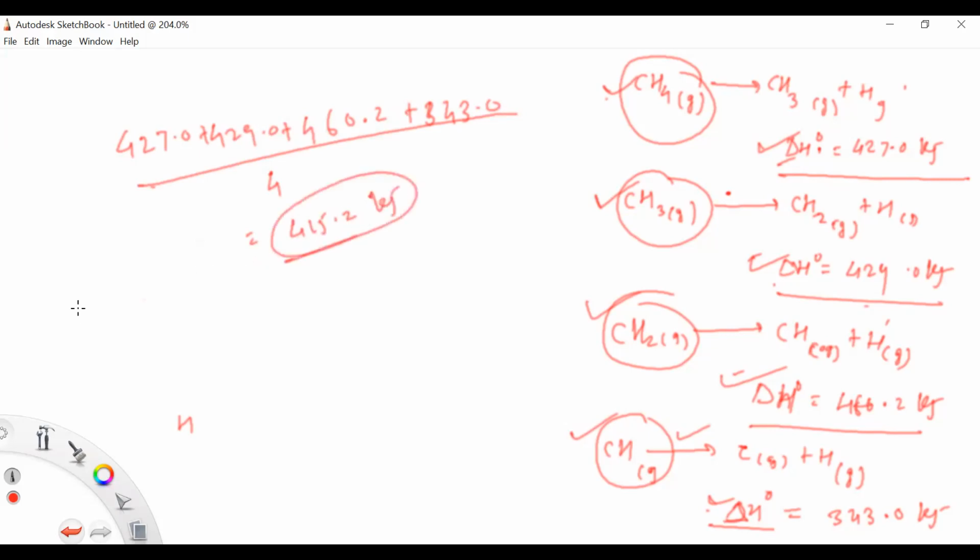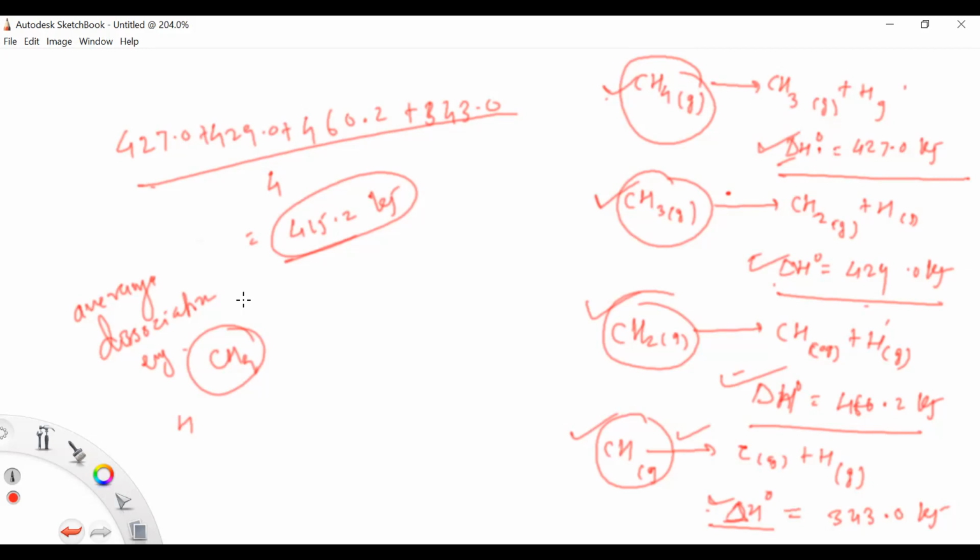So this is the average dissociation energy of your CH4 molecules. CH4 molecule ची ही average bond dissociation energy असणार. So in this way we can calculate the bond dissociation energy and the average bond dissociation energy.